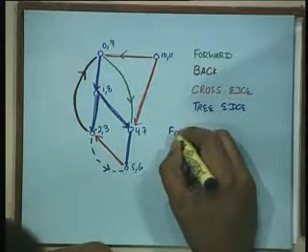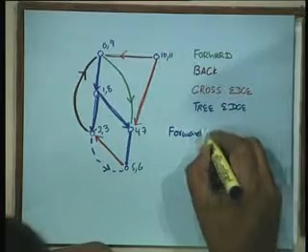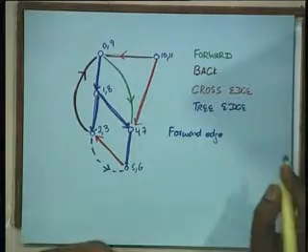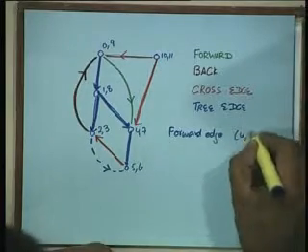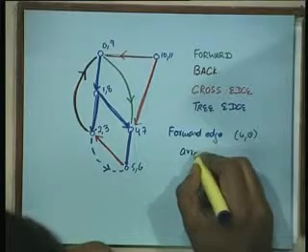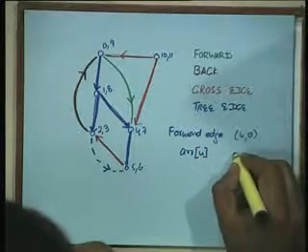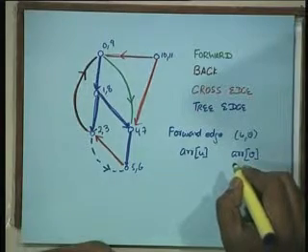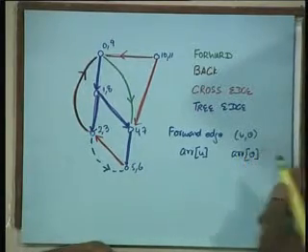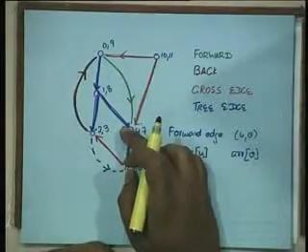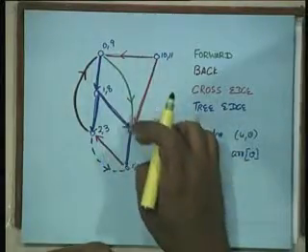Right. So, for a forward edge, how can I relate its arrival and departure times? If I have an edge uv which is a forward edge, what can I say about the arrival of u versus the arrival of v? It is a forward edge, so this is u, this is v.